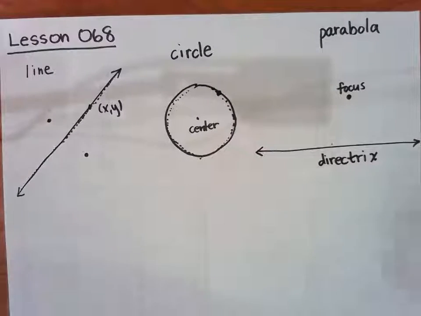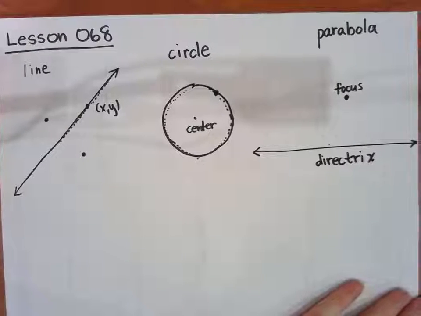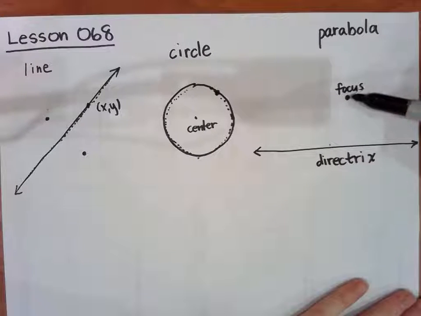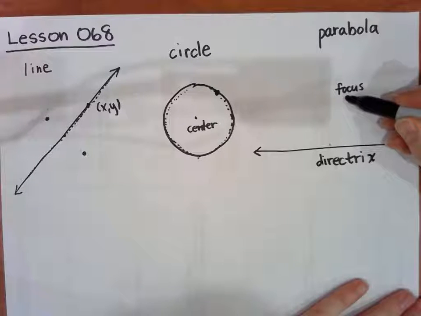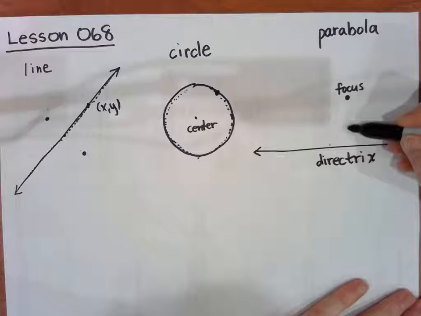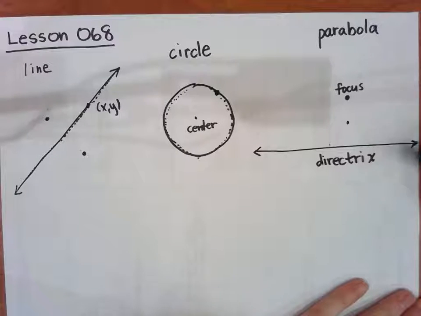And a parabola is the collection of all points that are the same distance from both the focus and the directrix. Okay, so imagine, look at this, right in between would be one point. It's the same distance from the focus as it is from the directrix.